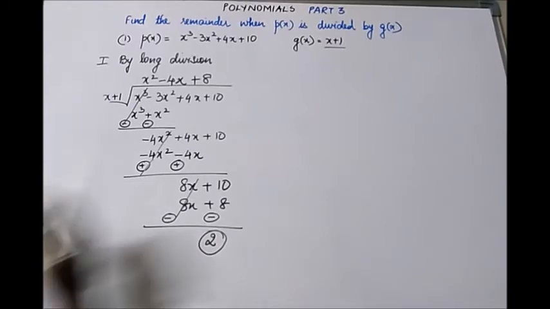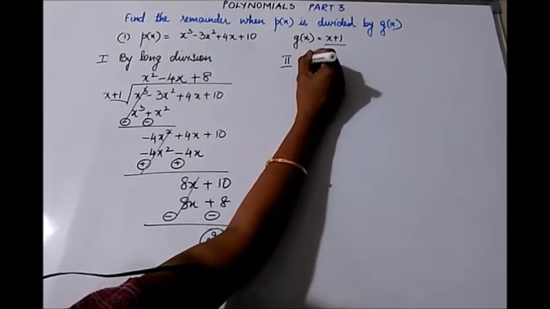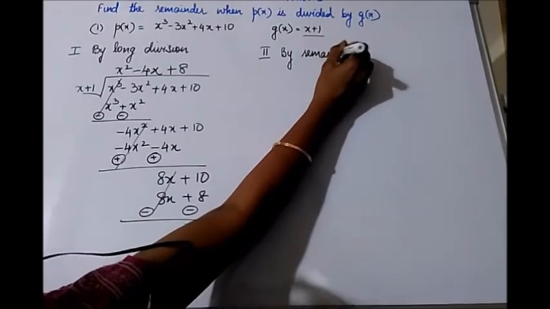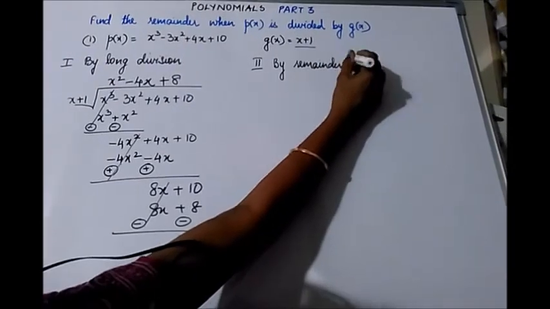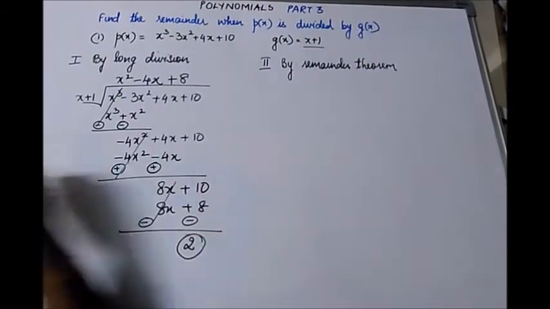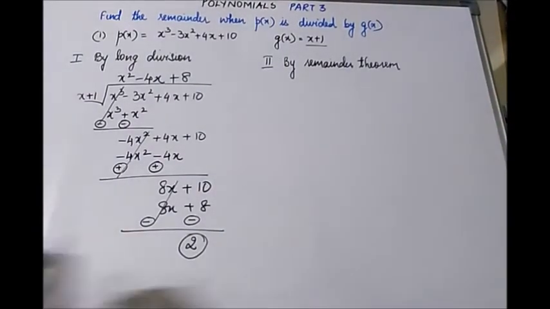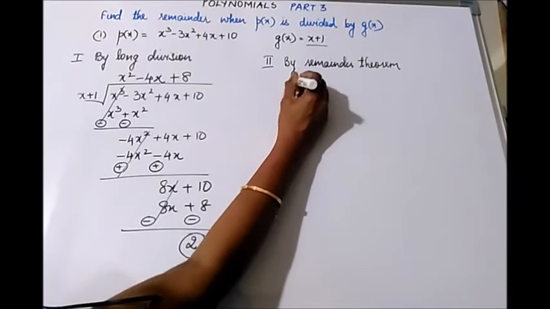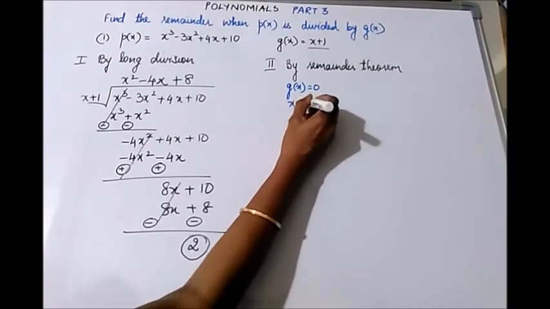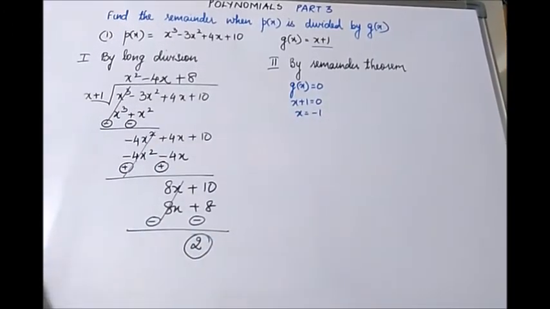Now let us do by remainder theorem. In remainder theorem, what is the first thing that you have to do? You have to find the 0 of the divisor. That is, we have to write g of x equal to 0. That is, x plus 1 equal to 0, x equal to minus 1. Now what we do?